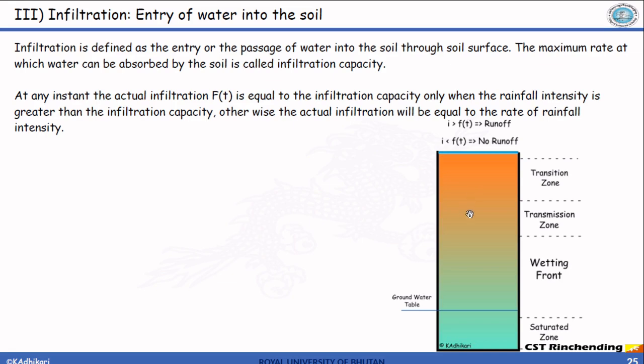During a rainfall event, the topmost layer remains saturated and the infiltrated moisture proceeds to a transition and transmission zone. The moisture continues to move downward till it reaches the most saturated zone. And when the process is prolonged, the groundwater table rises.